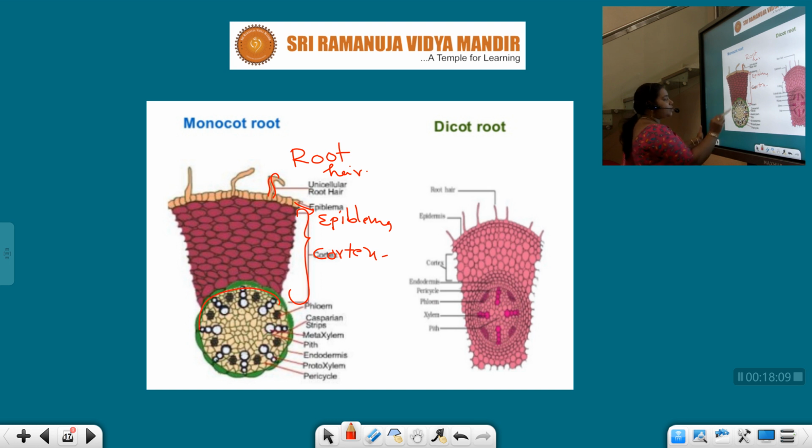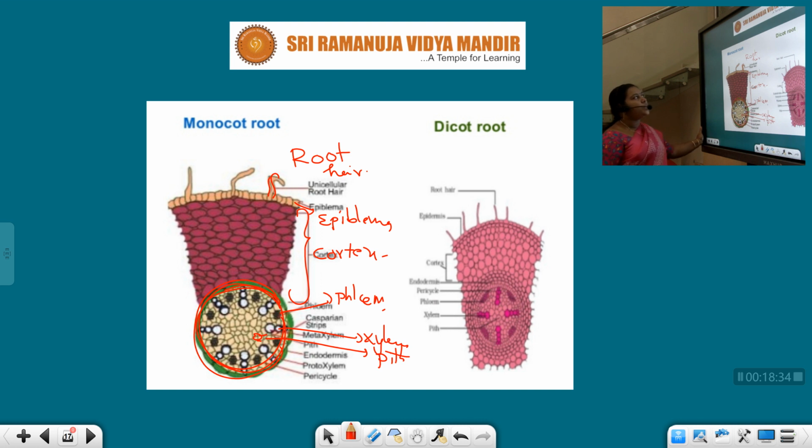This is the vascular bundle. Let me explain. These are the phloem. This part is xylem. Metaxylem and protoxylem are present. This particular part is pith, and this is the pericycle. This is the arrangement in the case of monocot root.